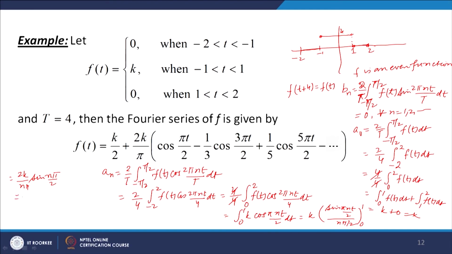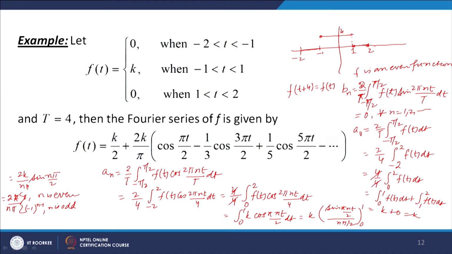So, this is 0 when n is even. And when n is odd, say 1, 3, 5, 7, we get, for example, sin(3 pi by 2) is minus 1. So, we get minus 1 to the power (n minus 1) by 2 when n is odd, multiplied by 2k over n pi.